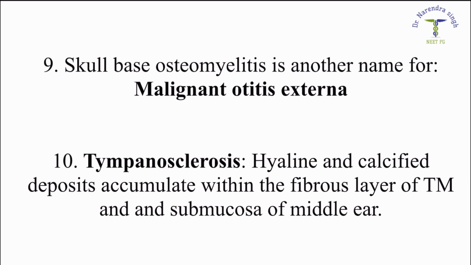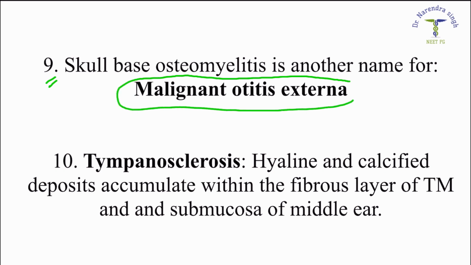Going to question number 9: malignant otitis externa. In the last series, we also covered a few MCQs on malignant otitis externa. It is a misnomer: malignant otitis externa is not a cancerous disease, but due to its fulminant course it is known as malignant otitis externa.